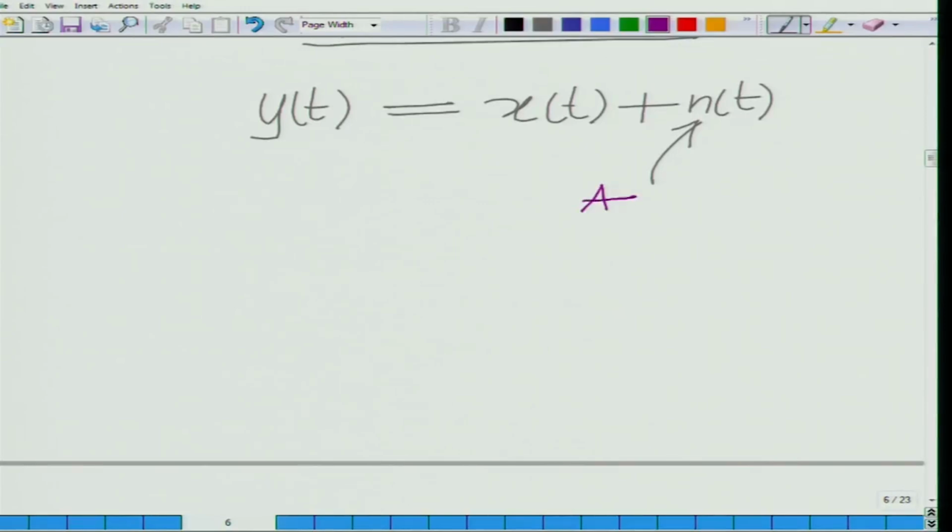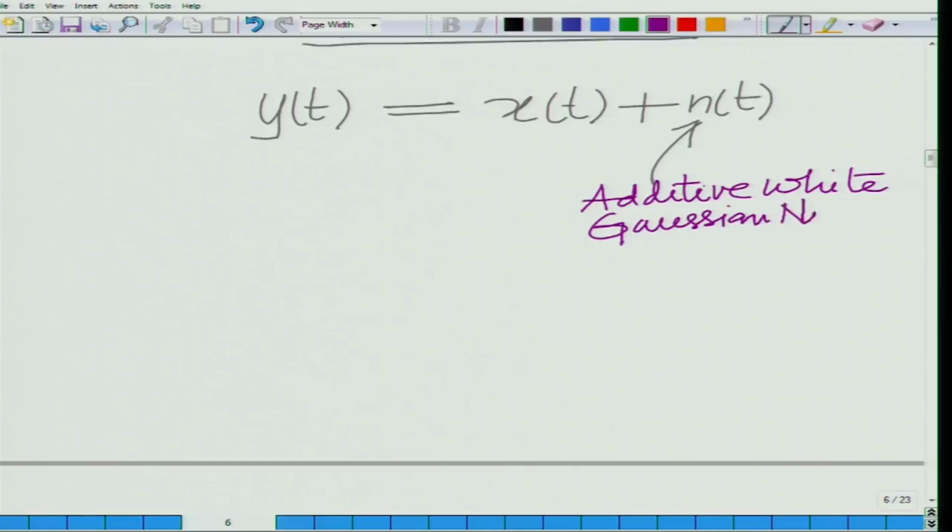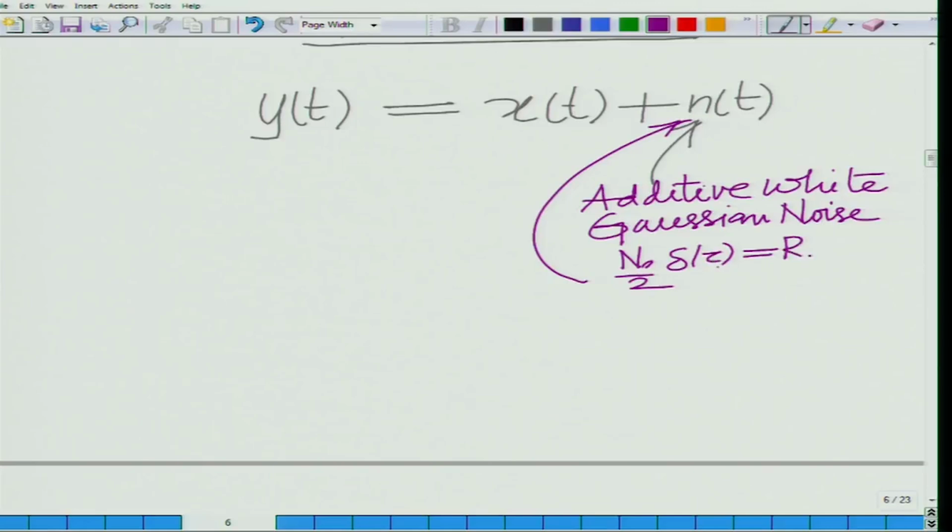This is your standard model, which we have seen so many times so far, with autocorrelation N0 by 2 delta tau.